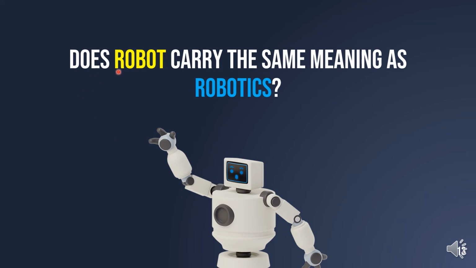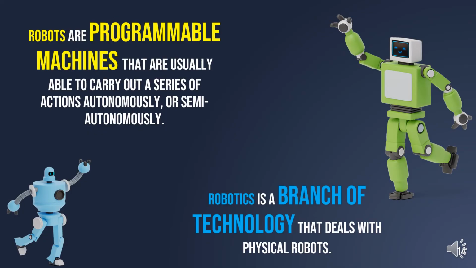Does robot carry the same meaning as robotics? The answer is no. Robot is referred to as a programmable machine that is usually able to carry out a series of actions autonomously or semi-autonomously.